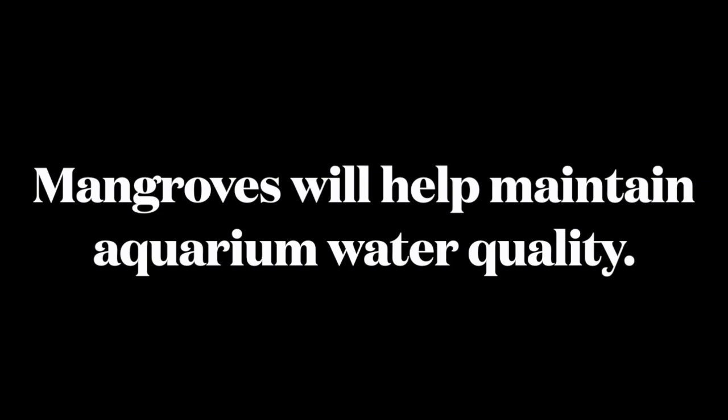Been around for 50 years, and nobody has any scientific proof that it removes nitrates from water. Yet, 50 years later, like mangroves, people are insisting that pothos removes nitrates from water, yet where is the scientific proof?